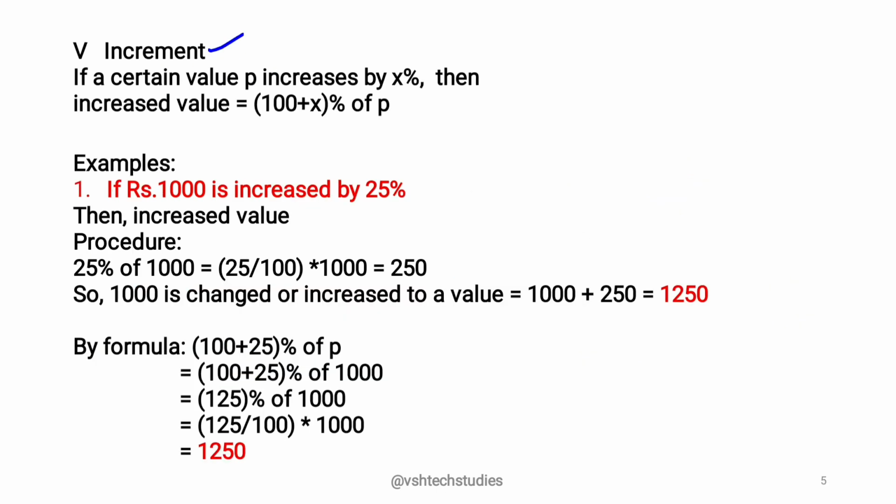Next we shall see the increment operation in the topic percentage. If a certain value P increases by X percent, then the increased value is 100 plus X whole percentage of P. What is the meaning of this? If rupees 1000 is increased by 25%, what is the final value?